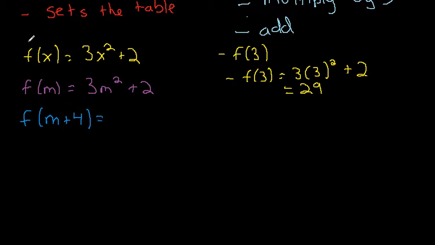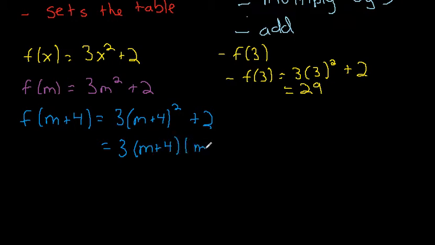So whereas before, f of x told us to square x, multiply by 3, and then add 2, f is now telling us to square m plus 4, multiply that by 3, and then add that to 2 if we wanted to fully draw this out. Remember that m plus 4 squared is not m squared plus 16, but rather it's m plus 4 times m plus 4. And then, of course, we add 2 at the end.